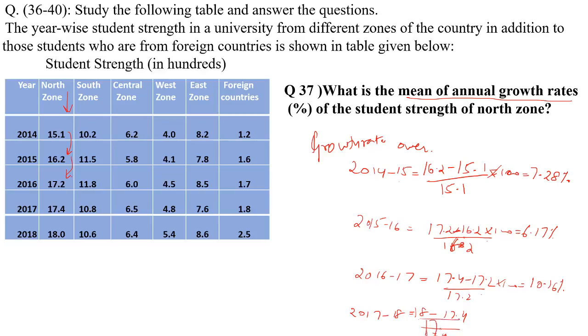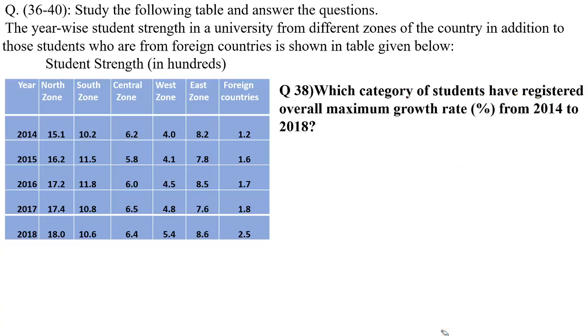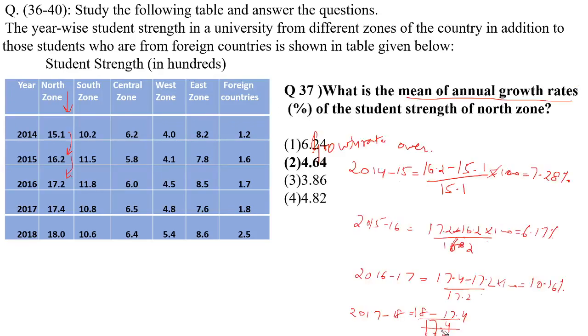You please understand it, okay? It comes out to be 3.44%.